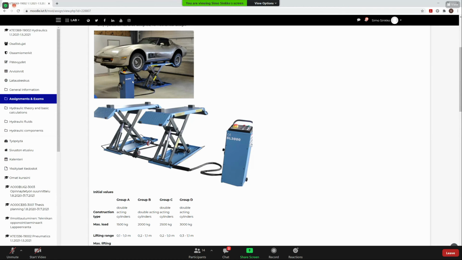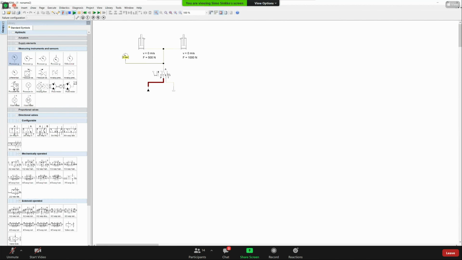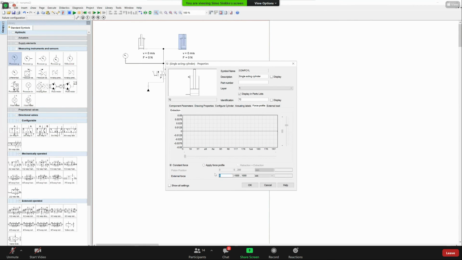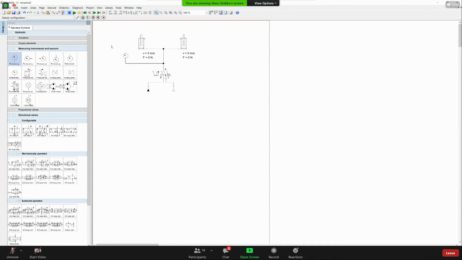Because in real life it might be that the car is not fully symmetric in place, but a little bit more of the load is on the other side. So this is a real problem. The difference in load doesn't have to be so big. In theory, if we would put here 0.55 instead of 1 kilonewton, I think this would be enough.